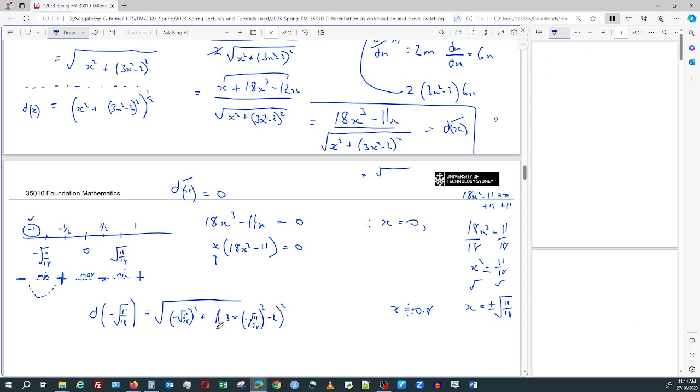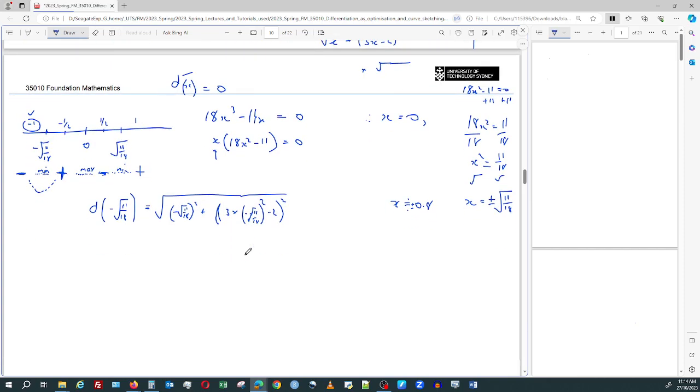So that's why we needed that front bracket. Okay. So then we'll get that should be equal also to the square root of 11, 18.